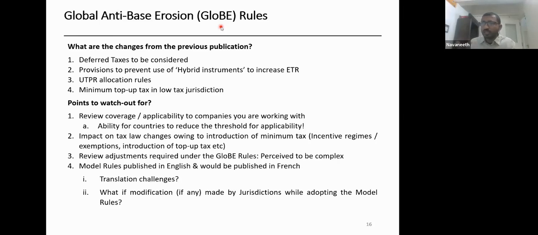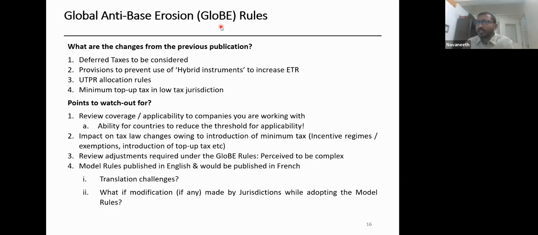You may want to do a dry run and see how this works and what kind of impact it has. These rules are perceived to be fairly complex. There are interplays, and there would be further interplays, between how Pillar 1 and Pillar 2 will work and how they work with certain CFC norms as well. So you may want to understand and assess how that impacts from a law-to-mathematical translation standpoint.